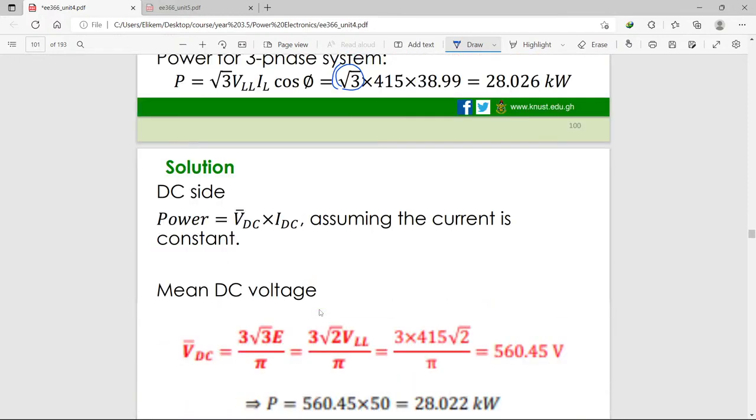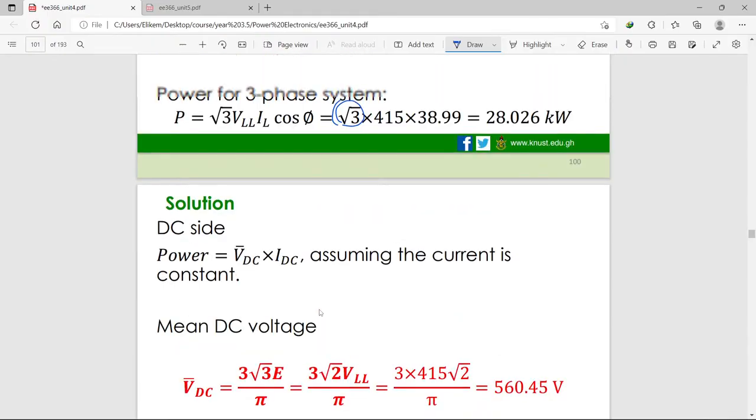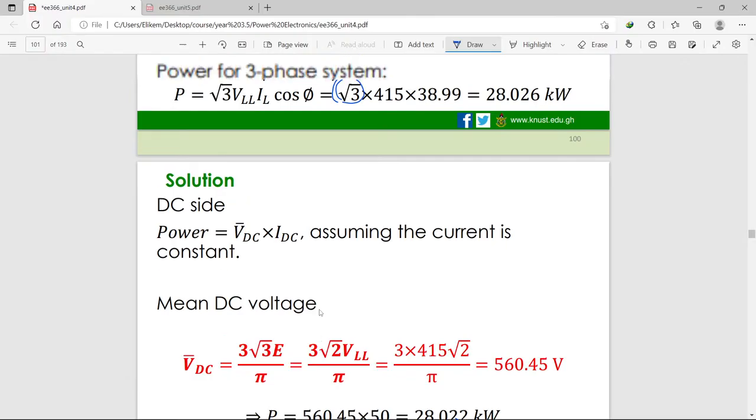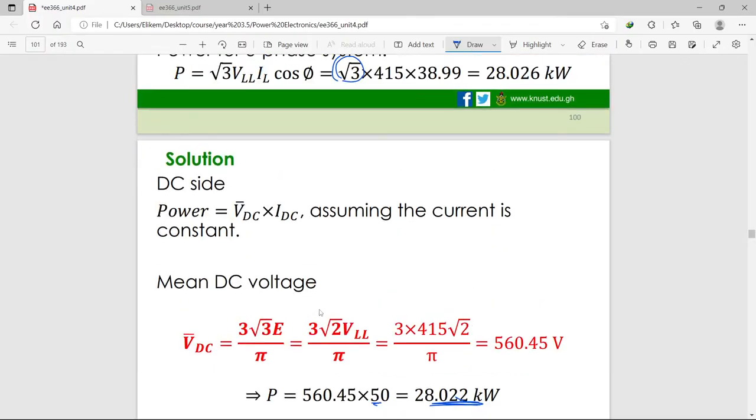So that's what was done here, right? And then multiply by the current you get, which is almost the same as this current. Now we need the formula to be 3 root 3 E over pi, right?